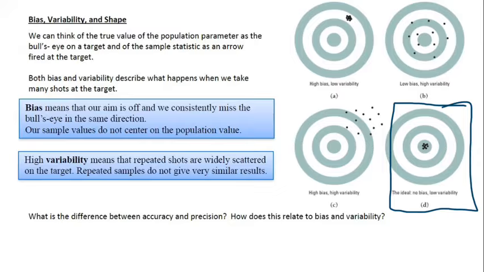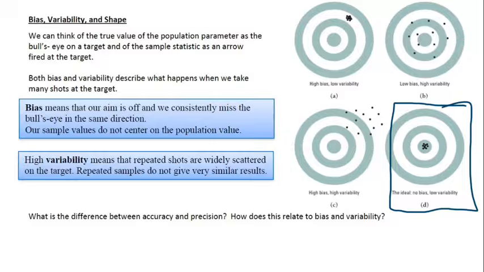Okay, and then the last part here: what's the difference between accuracy and precision? How does this relate to bias and variability? Because in our case, accurate has to do with one of these, either bias or variability, and precision with the other. So if you had to match them up, which one would be which? Well, if you'll notice, the ones that are accurate would be the ones that are getting close to the bullseye.